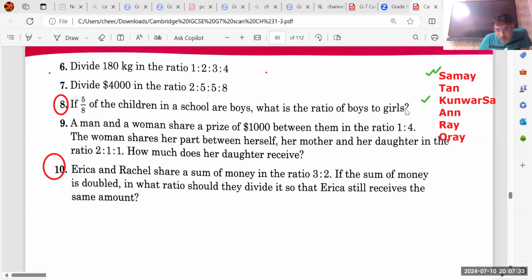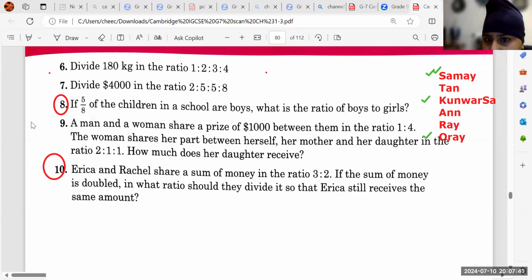Anvi, is that the answer for both questions? So only one of my answers is right.